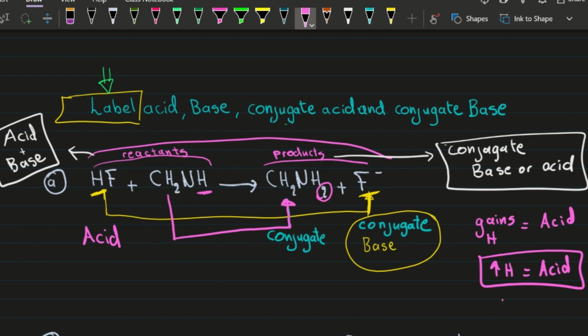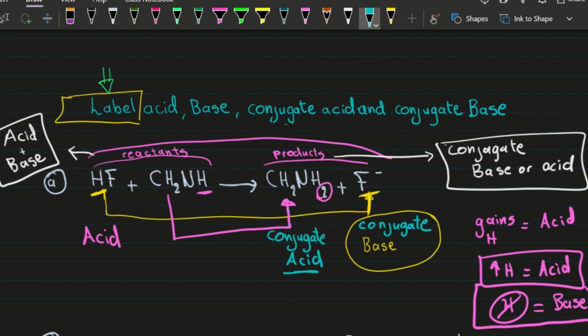If you lose a hydrogen, then it's going to be a base. That is another way you can remember this. So in here we have a conjugate acid. And because this is going to be an acid, obviously this one is going to be a base.